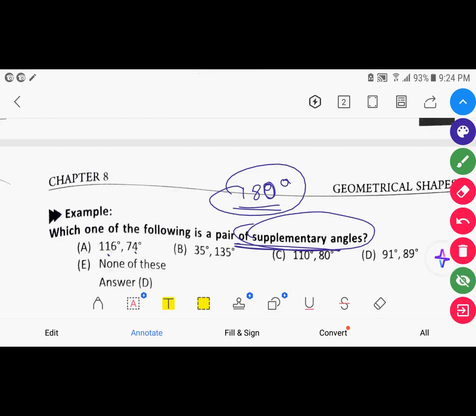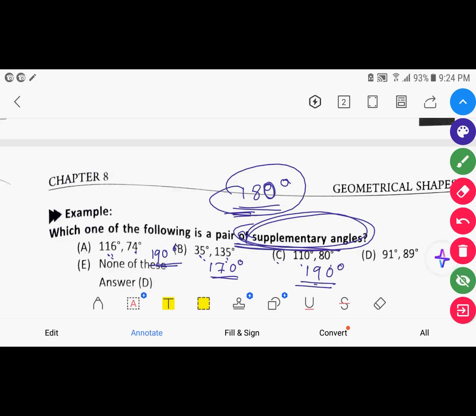116 plus 74 becomes 190. So it is not supplementary because we want total 180. 35 plus 135: 35 plus 35 is 70, so it becomes 170 degree. So it is lesser than 180, so again it is not a supplementary one. 110 plus 180, again the addition is 190.